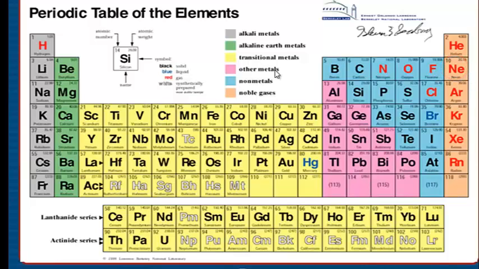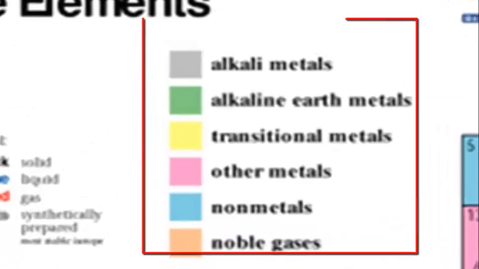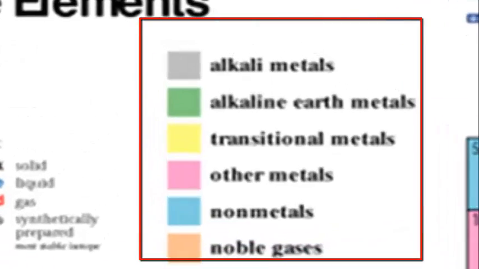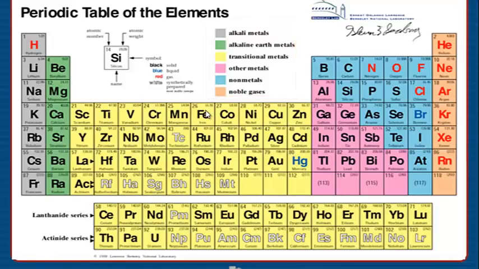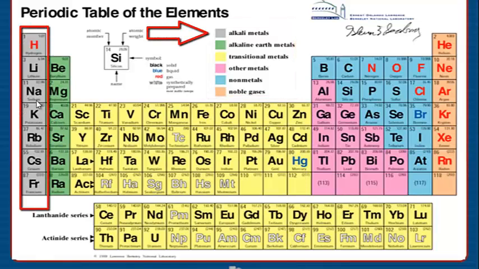Also, as you can see, you have different colors of these elements. These different colors give us an idea about the types of these elements, such as the first group that has the gray color.